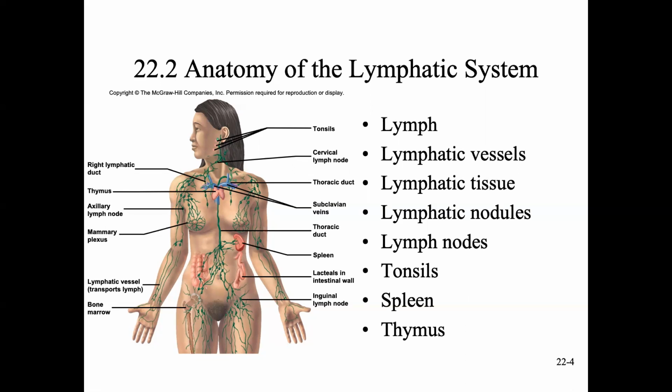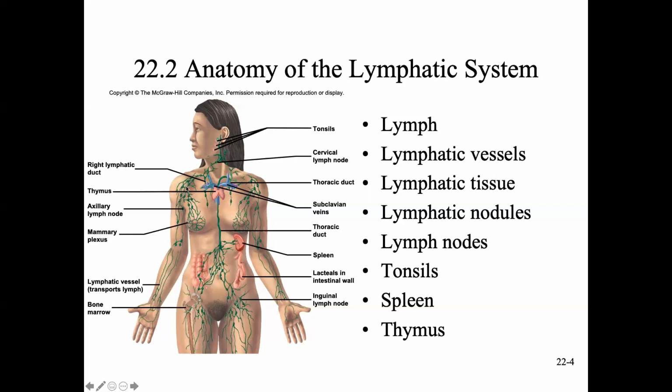This is one of the reasons why you can get an infection anywhere, yet still not introduce it into the bloodstream, right? You get infections all the time, but very rarely do we have sepsis. Why? Because of the way our lymph nodes are meant to clear the microbes.